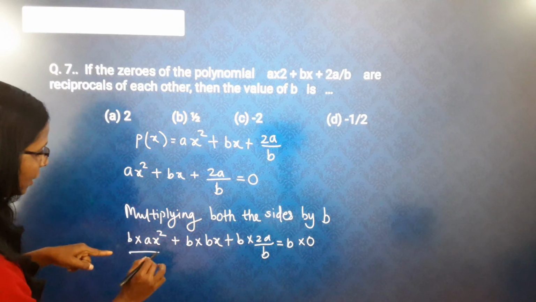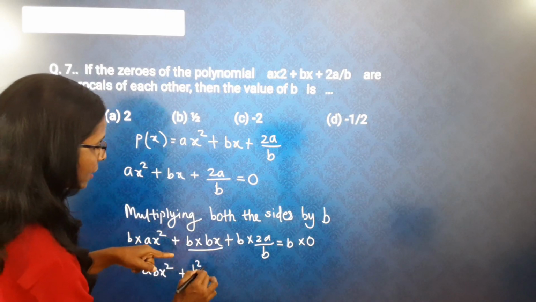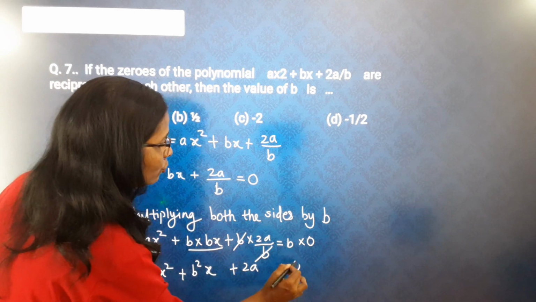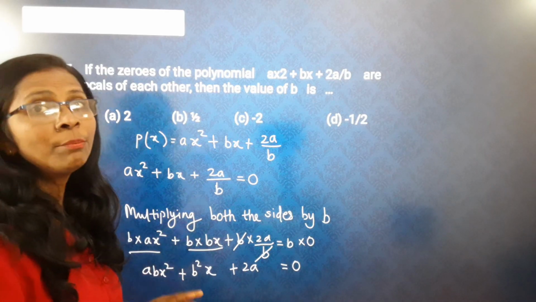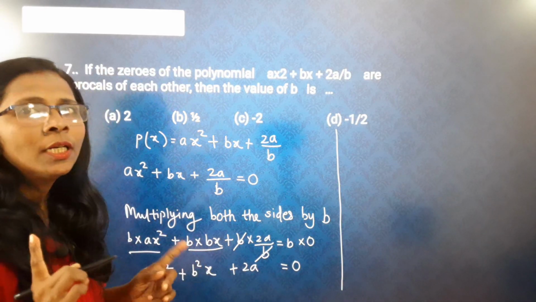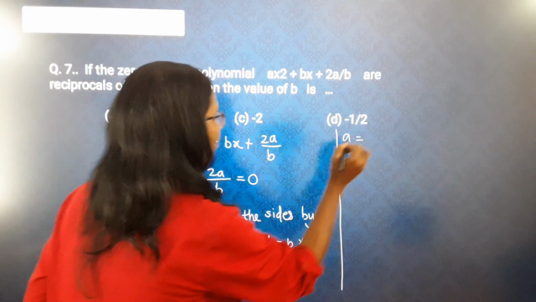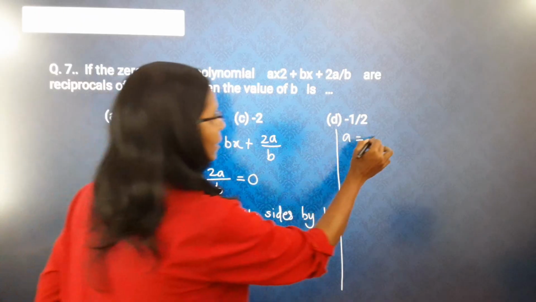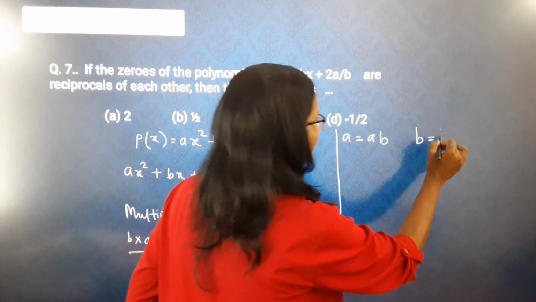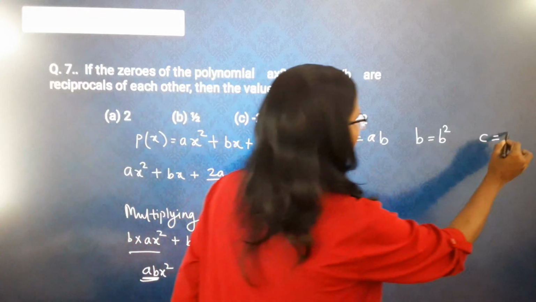So here abx square plus b square x and here b gets cancelled, so 2a is equal to 0. Okay, so now this is the simplest form of the quadratic equation. Then I compare this equation with the general form of the quadratic equation. So here A is equal to ab, B is equal to b square, and then C is equal to 2a.